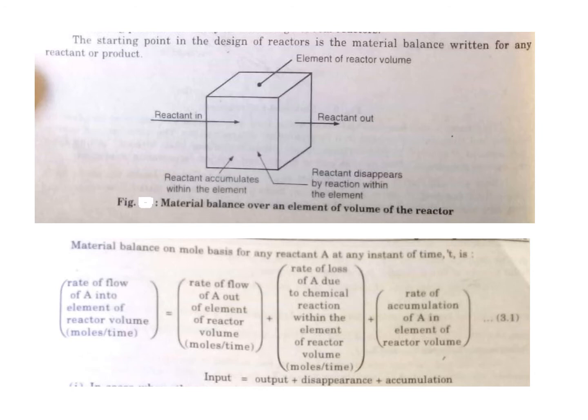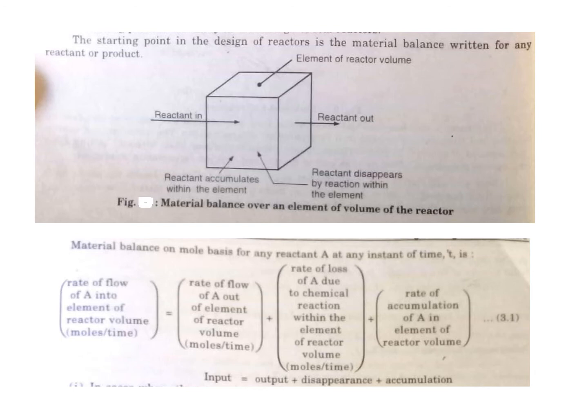The upper side shows the element of the reactor volume. The bottom side shows the reactant accumulated within the element, and the reactant disappearing by reaction within the element.